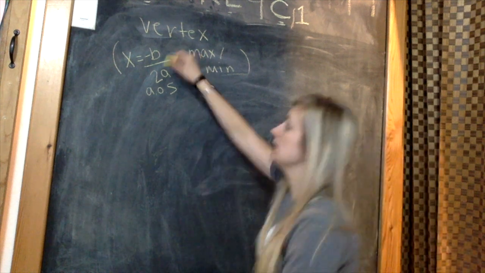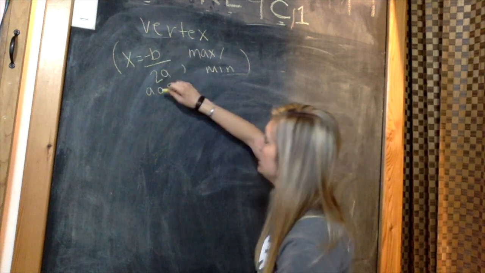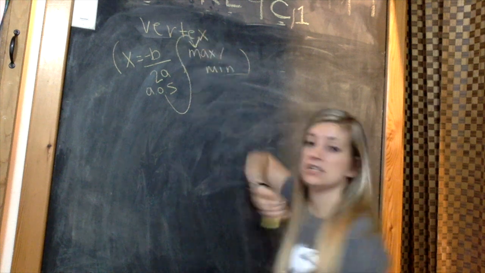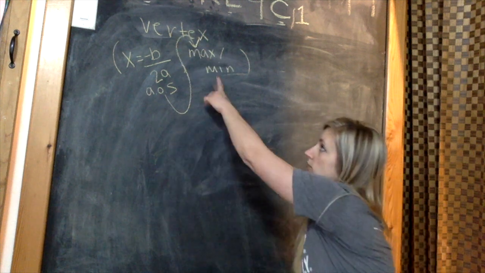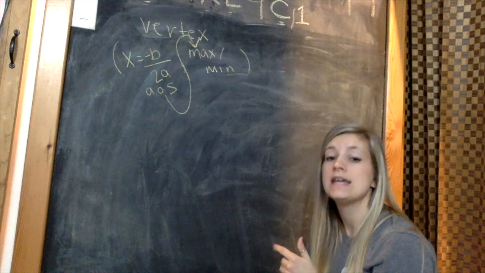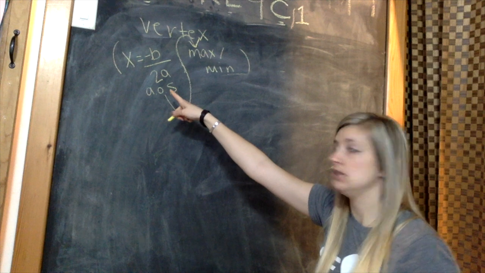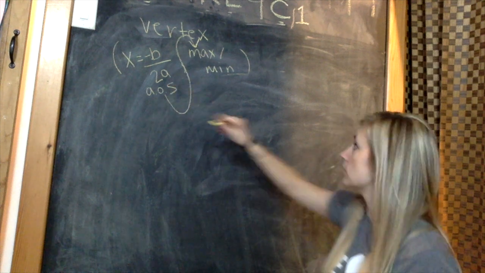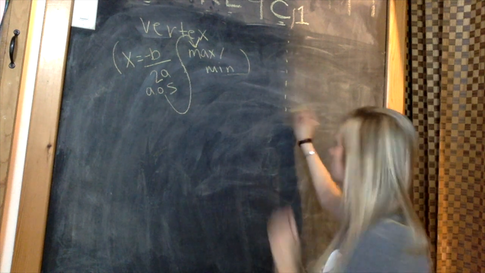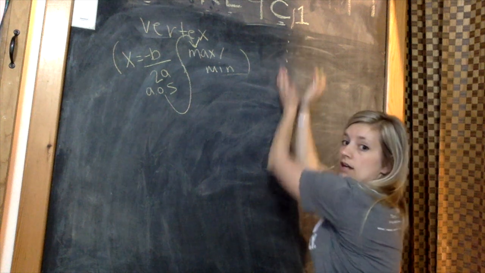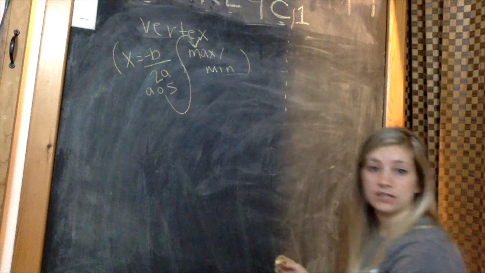What I like to say is: axis of symmetry, plug in, spit out. The only way you can find this max or min point, guys, is if you have found that first. You have to find that in order to see where your parabola locks in. It has to lock in somewhere.